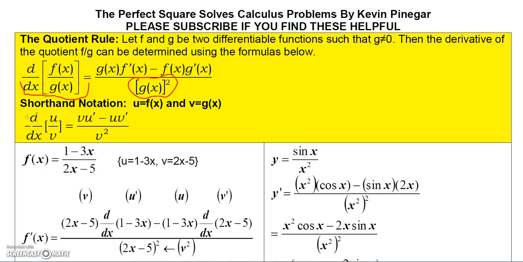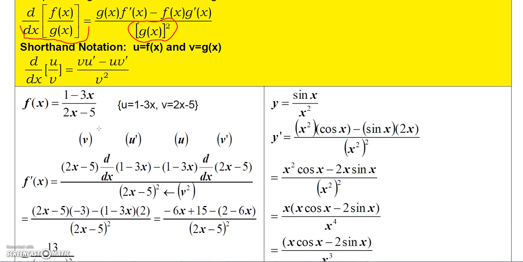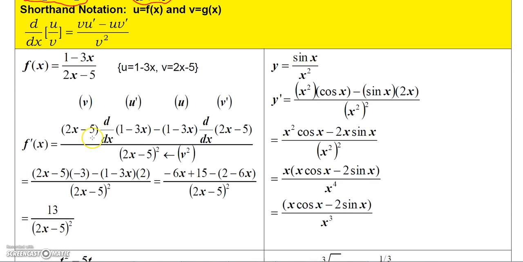Now again, the shorthand notation, if I assume that u is a function of x and v is another function of x, then I can think of this as v u prime minus u v prime all over v squared. So let's go ahead and apply some examples to this.